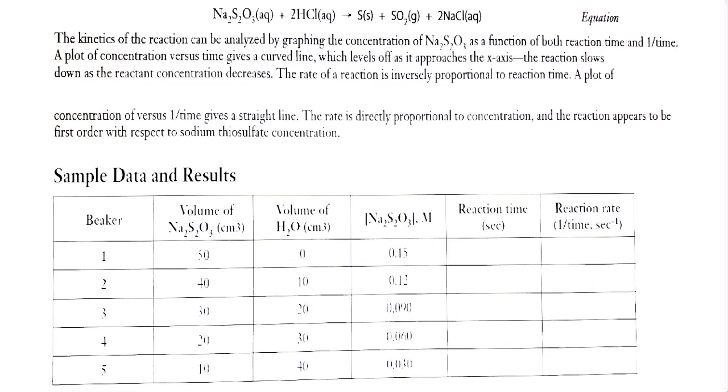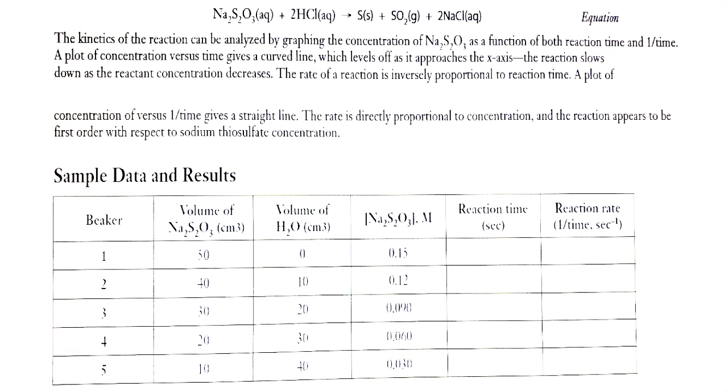Calculation for the rate of reaction of sodium thiosulfate and hydrochloric acid. So we have already seen the experiment of sodium thiosulfate and hydrochloric acid. Now let's calculate and find out how the graph will look.